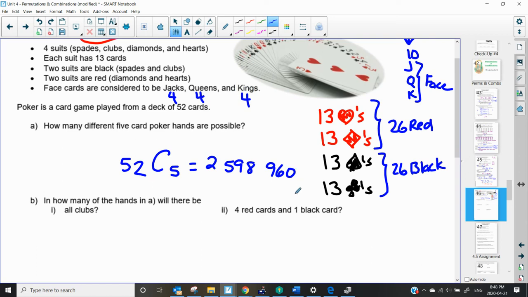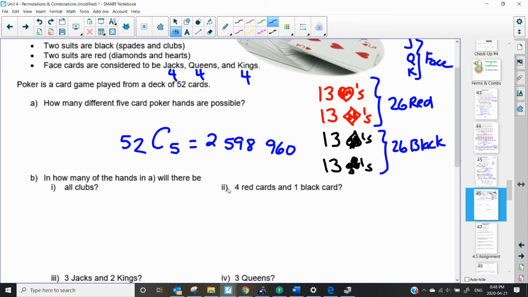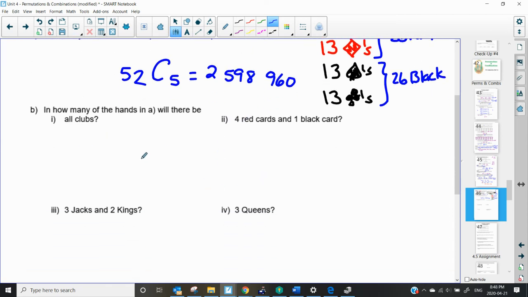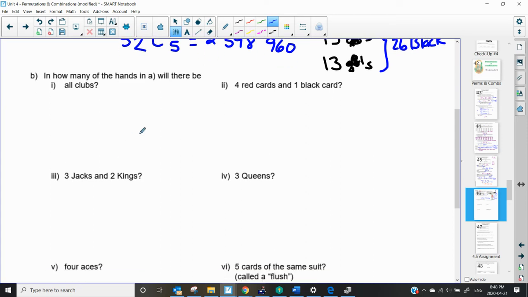Now, in the game of poker, depending on what cards are in your hand, it makes it a better hand. And so we're going to look at some possibilities of getting those hands. And so how many 5-card hands would contain all of the same suit? So in this case, all clubs. So we want all clubs. And so if we look at a deck of cards, there are 13 clubs, and I want to choose 5 of them. And from here, I can calculate my answer.